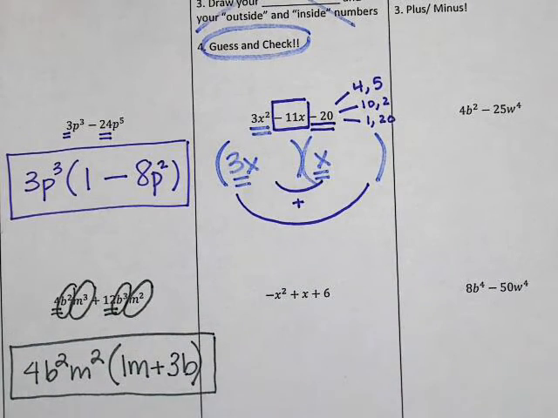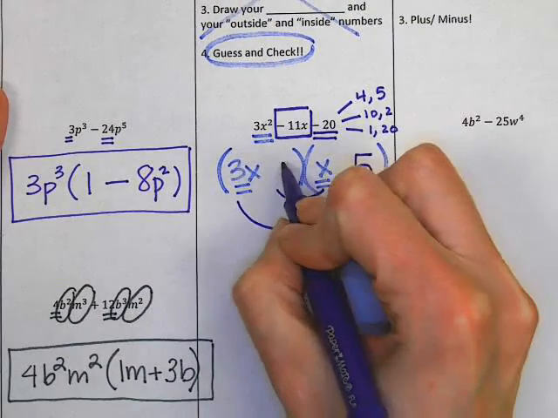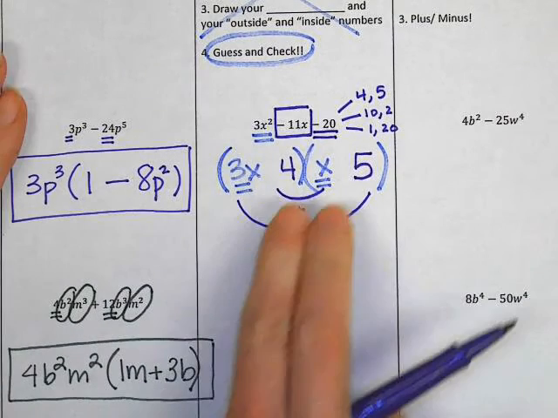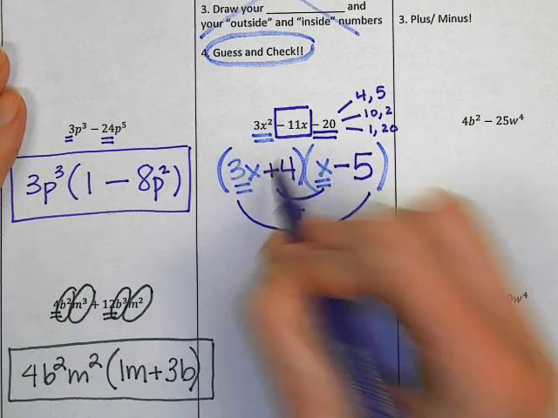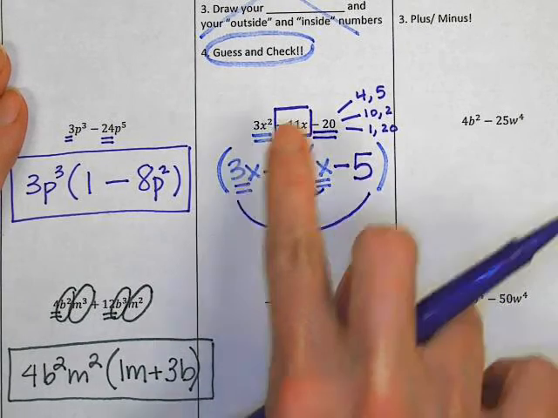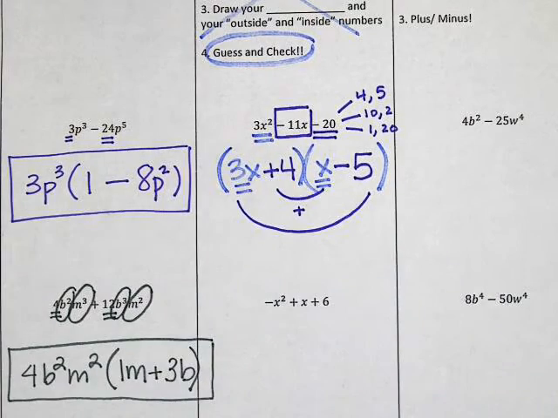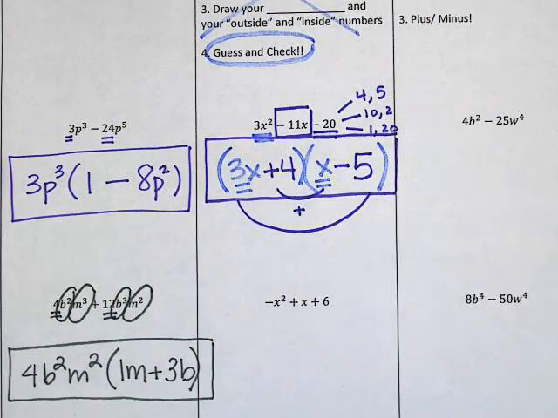So you guys might need to pause it here. I've been doing these for a long time, so I can see that the 5 goes here and the 4 goes here, because if I make the negative here and the positive here, 4 plus negative 15 is negative 11. So that's the answer. It just takes practice, a lot of practice.